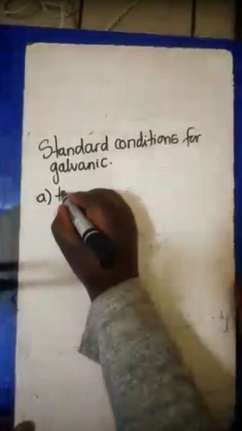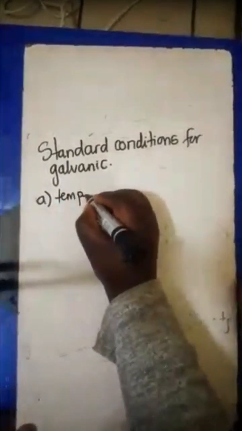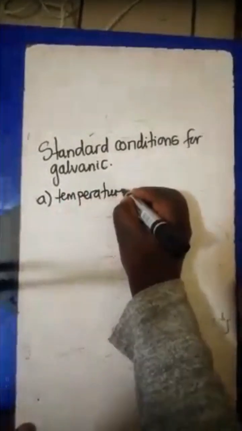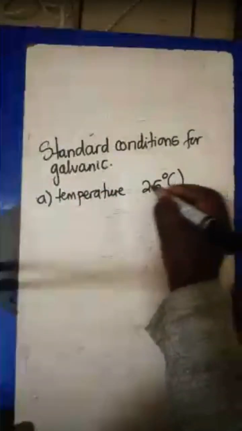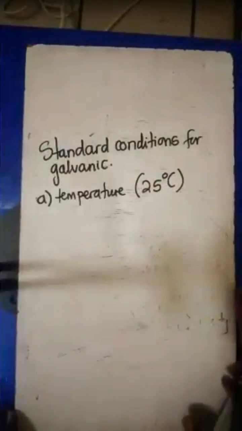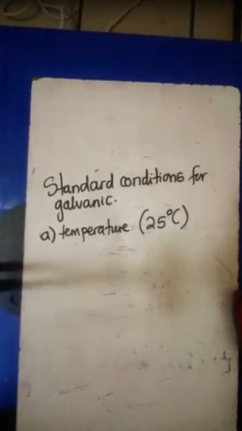Number 1, temperature. Don't just write temperature in the exam. Temperature must be 25 degrees Celsius, so when you mention the word temperature, you must put in brackets 25 degrees Celsius.